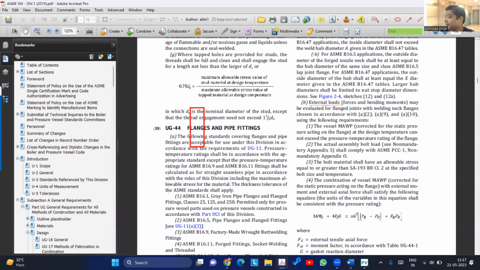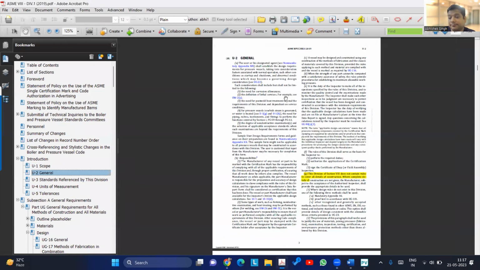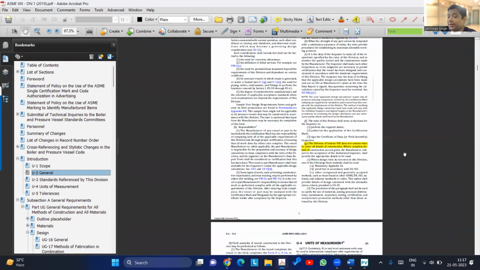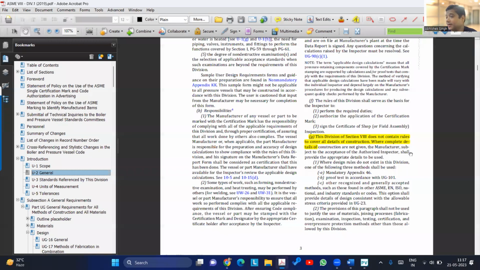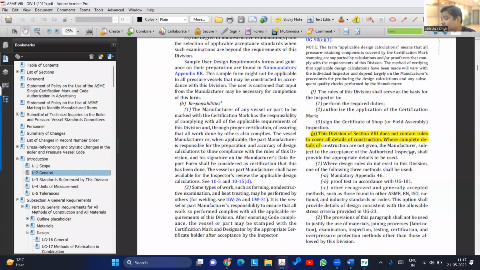If there is no methodology for design, then use FEA. Absolutely right, Akash. We can use FEA, if you again now refer to U2G. See, U2G is the bridge. Section 8 has two different divisions. If your design code is division 1, don't jump to division 2 directly.